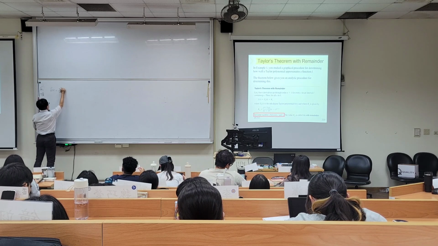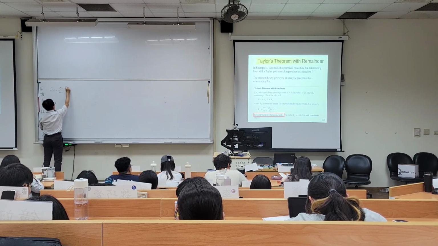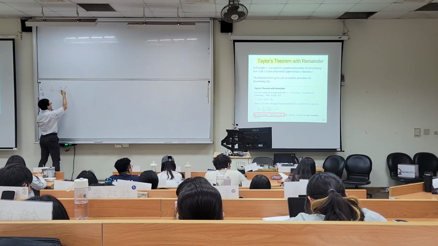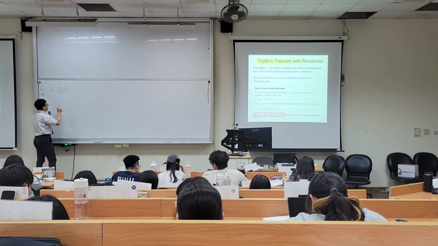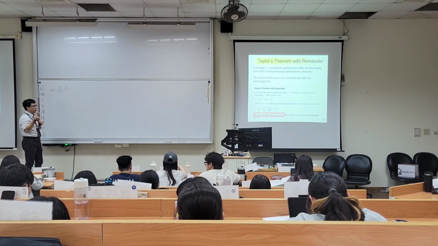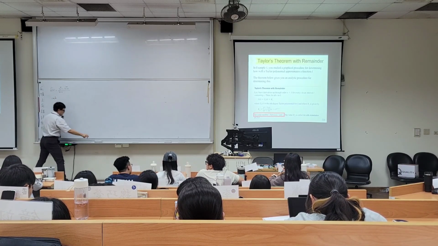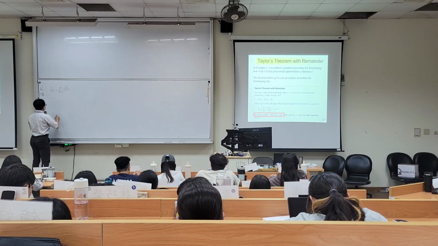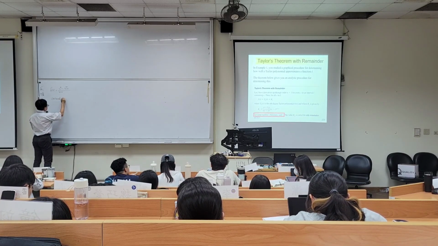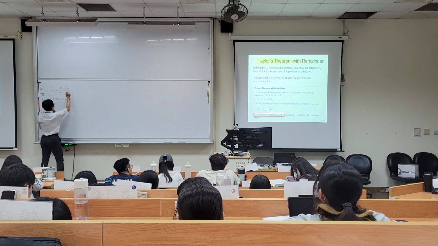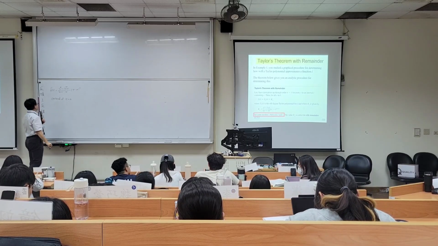So it's the summation from n equal 0 to infinity of the nth derivative at a over n factorial times x minus a to the n. This is the Taylor expansion centered at x equal to a. I can write it this way.